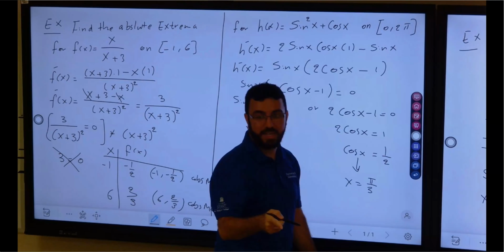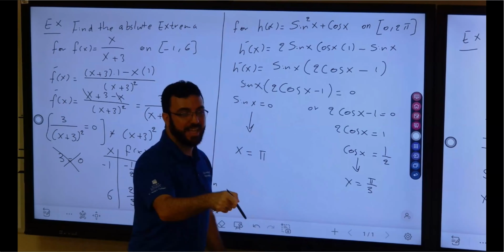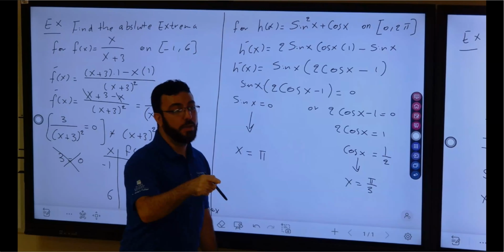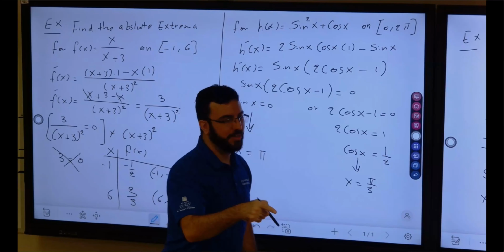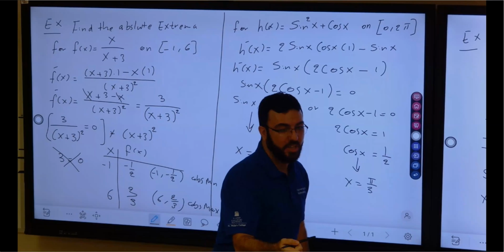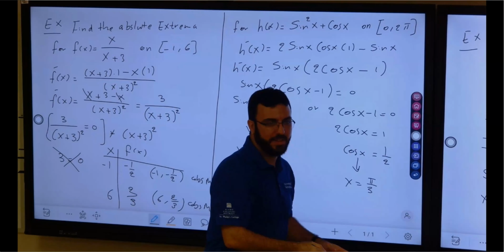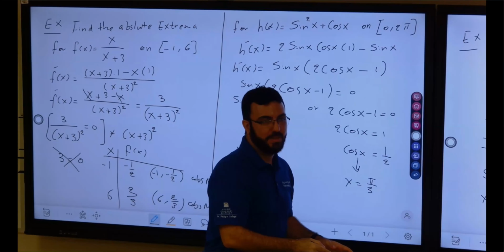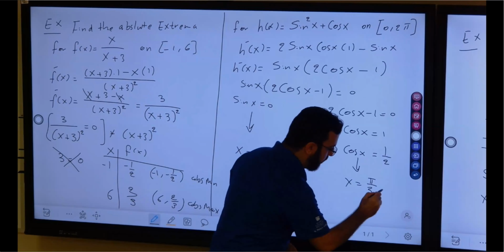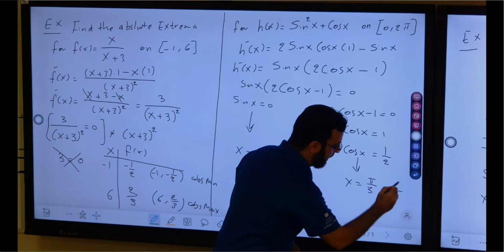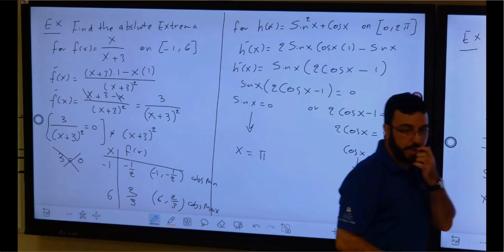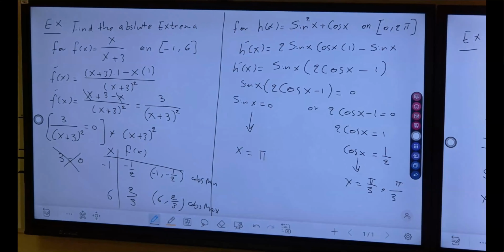What's the next one? 120. So pi over 3, but which number do you multiply by pi and divide by 3 to get 120? Not 2 pi over 3, because 2 pi is going to be 360. You need to get 120. 4 pi?